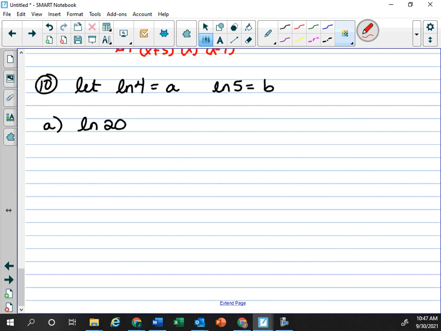So natural log of 20, I'm going to rewrite as the natural log of 4 times 5. And then I can expand that. So that's natural log of 4 plus natural log of 5. Finally, now I can use the A and the B. So I can replace natural log of 4 with A and natural log of 5 with B, and then that's it.